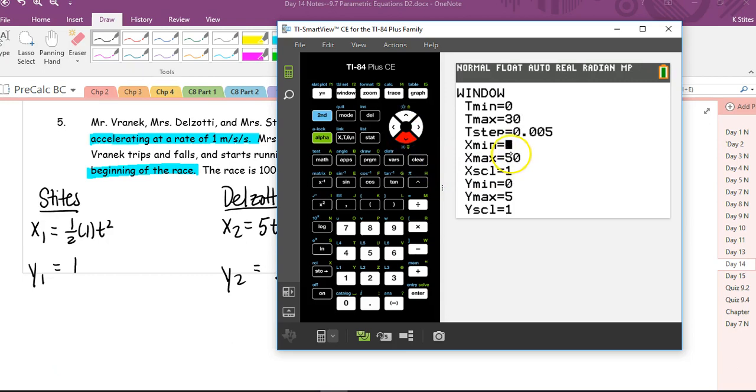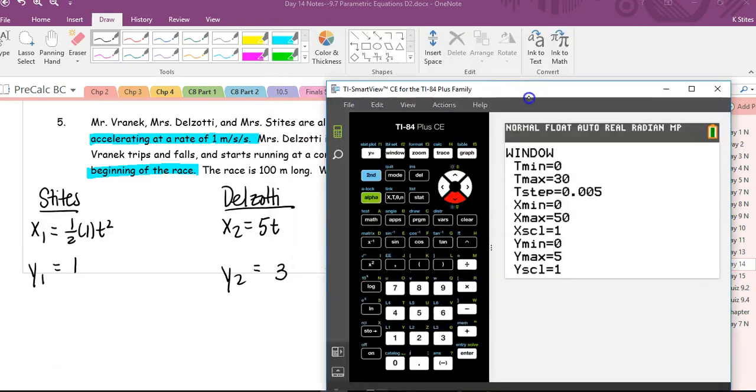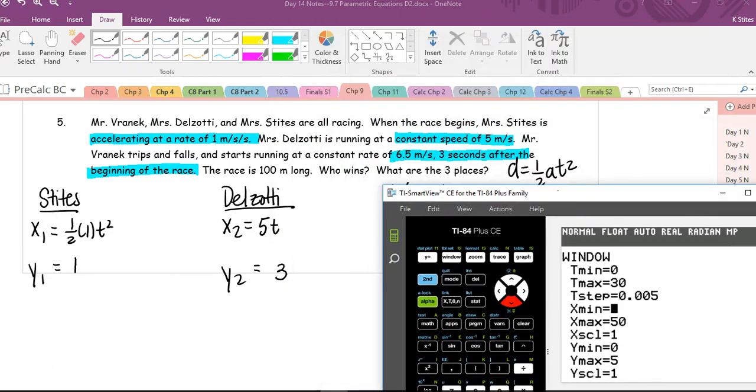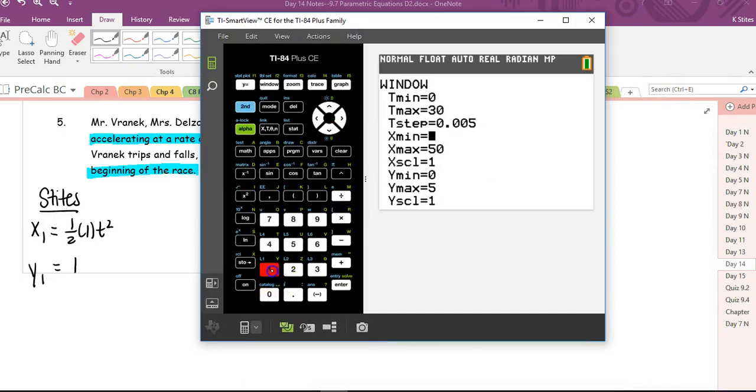So x-min is 0. My x-max, well, the race is 100 meters long, so I'm going to put that as 100. Oops. Let's try that again. X-max 100. And I'm going to make my y-max 7.